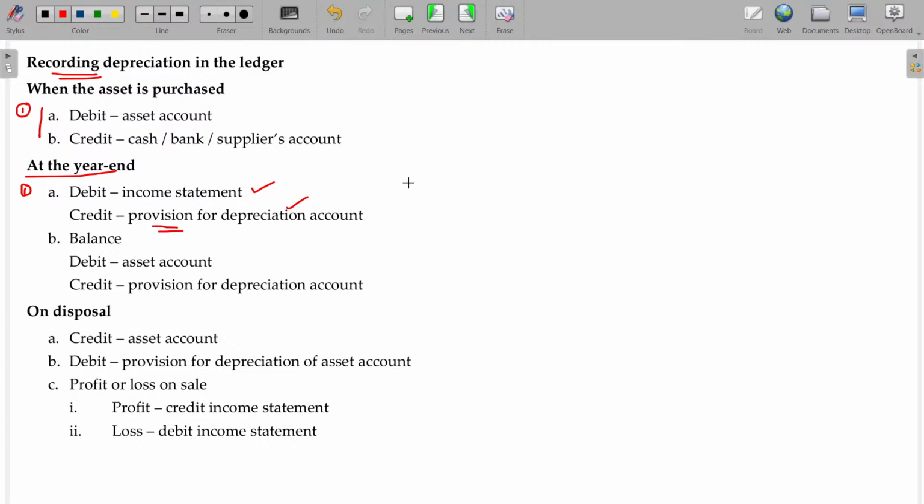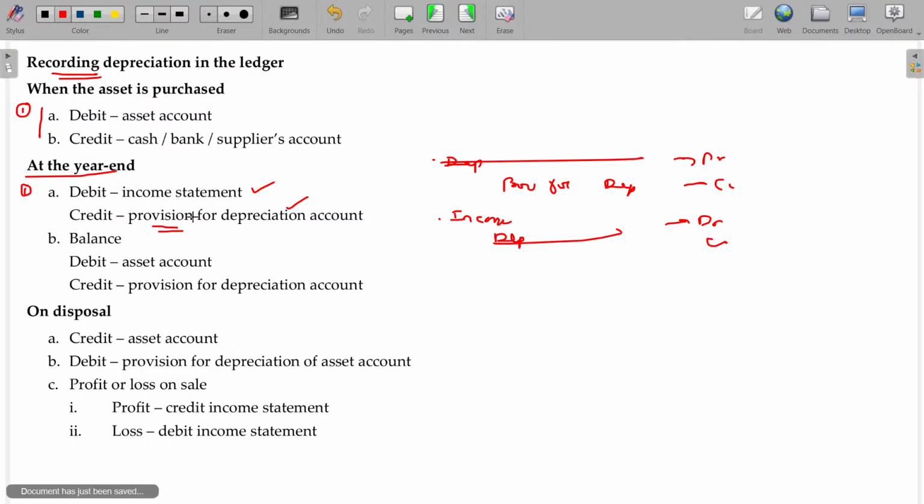You can pass it this way also: depreciation to provision for depreciation or accumulated depreciation. Later this depreciation is transferred to the income statement. If you club these two, debit and debit cancel, so you will get income statement debit, provision for depreciation credit. This is the simple one for claiming the depreciation.